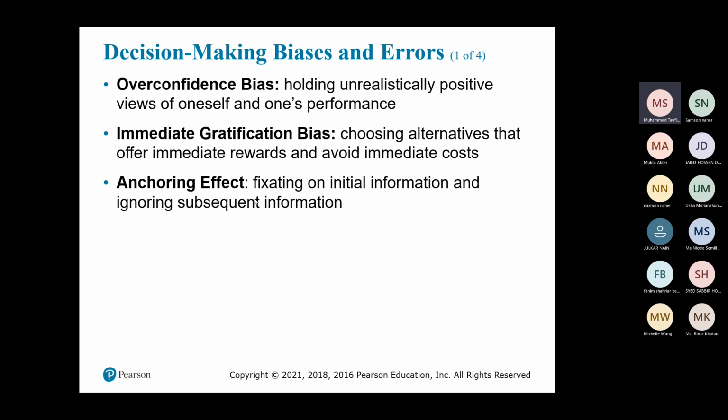But during the decision-making process, you get additional information about the problem. Because you have the anchoring effect, you ignore the new information, the update for the problem. It means that you make your decision based on your initial information only.